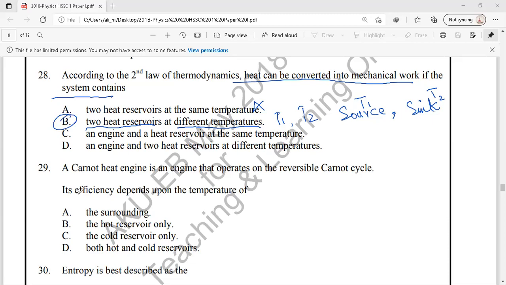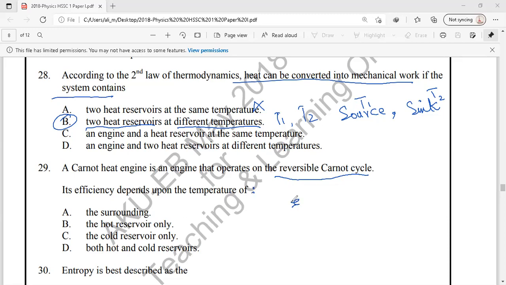Next we have question number 29. A Carnot engine is an engine that operates on the reversible Carnot cycle. Its efficiency depends upon the temperature of which of the following options.